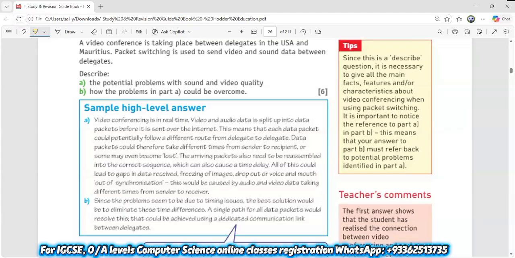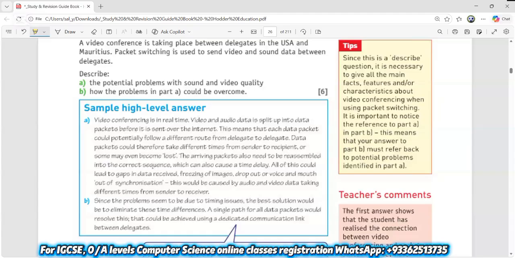So the same is explained by the student in such an organized way. You can see the sequence is also very important. First, talking about video conferencing, what is it? Then talking about the packets being made, then sending them over the internet and taking different routes. And it may happen that they may not reach the destination in the same order. The packets may be lost also while being transmitted.